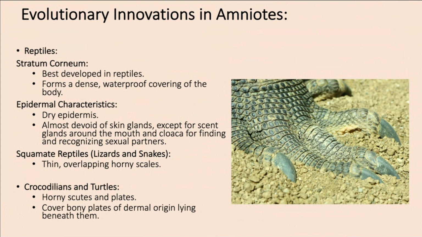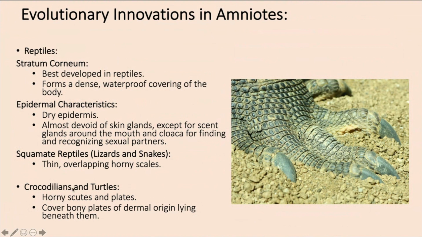Now squamate reptiles, these would be lizards and snakes, and crocodiles and turtles have different structures when it comes to their skin. The lizards and snakes have thin overlapping horny scales, meaning that the scales can be kind of prickly, they protrude outwards.